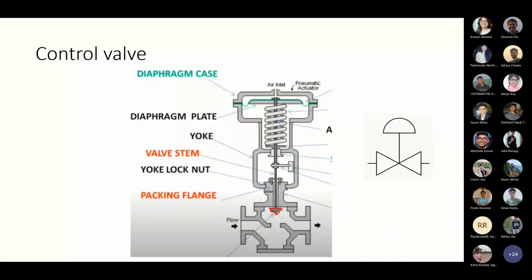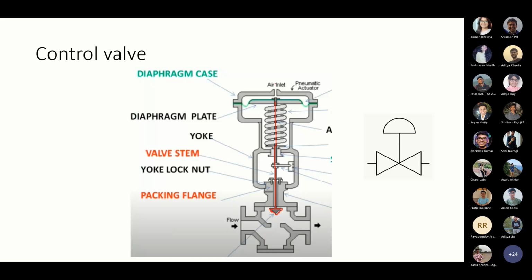This is called valve seat. You can see this is the valve stem. This valve seat is connected to a valve stem.